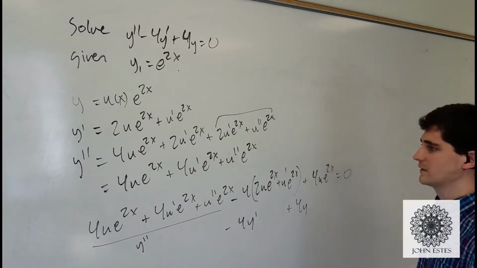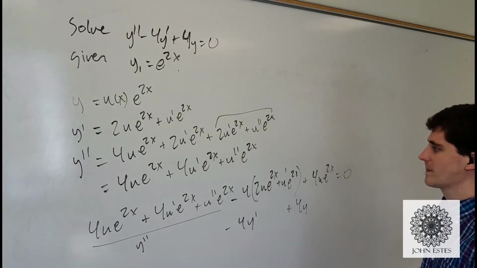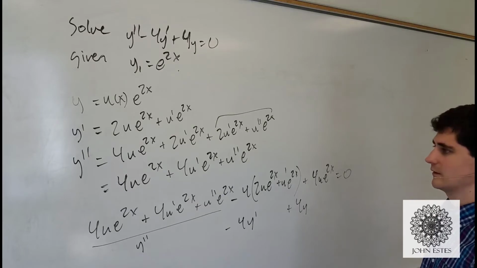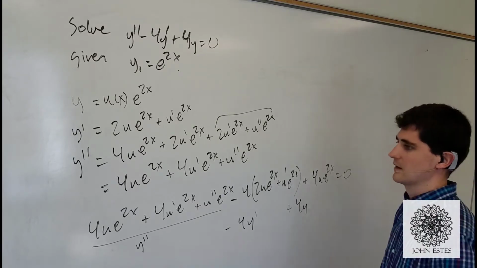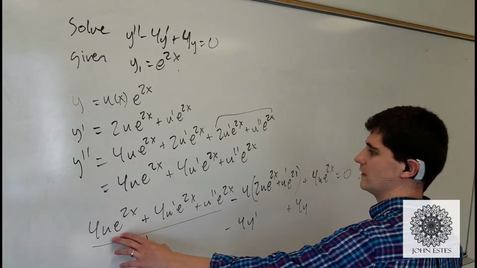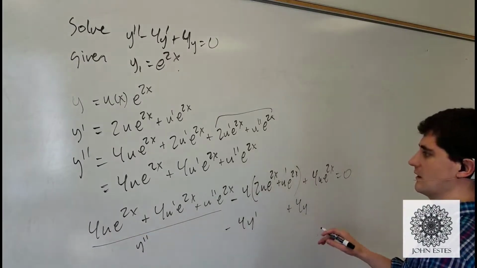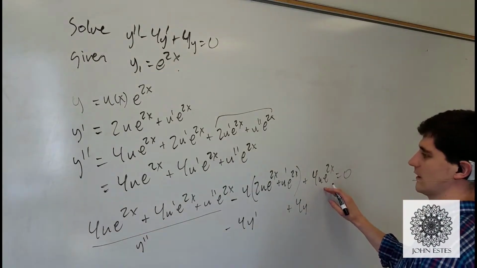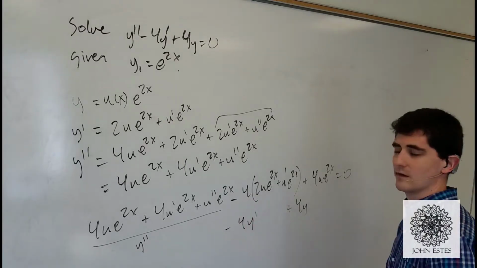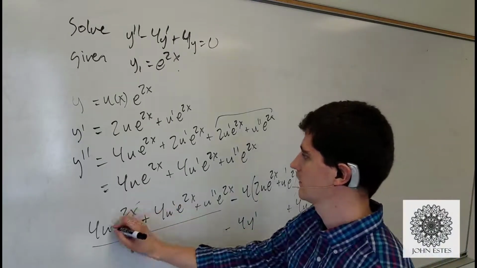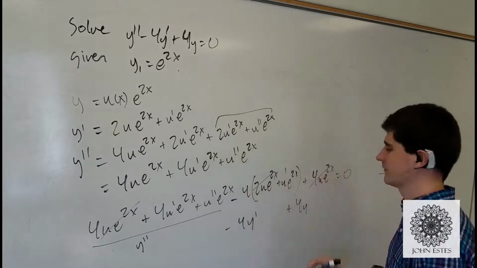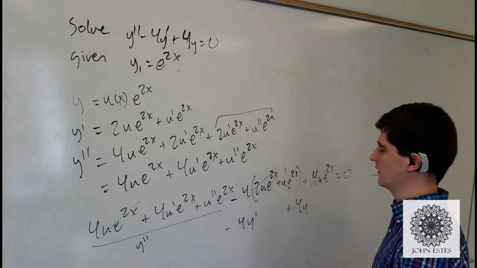Now, if you notice, some things are going to clean up. If I look at my u's, for example, I have 4u e to the 2x, another 4u e to the 2x, and a negative 8u e to the 2x. So those are going to all cancel out. The same with my u primes.